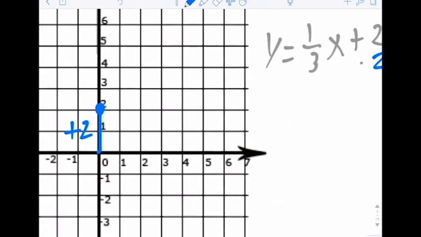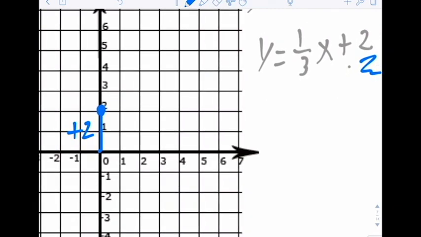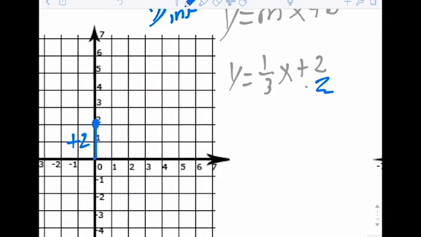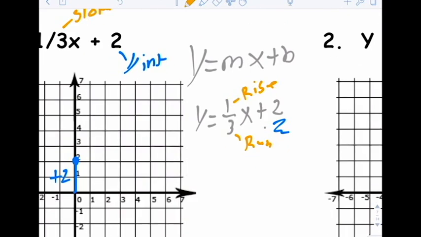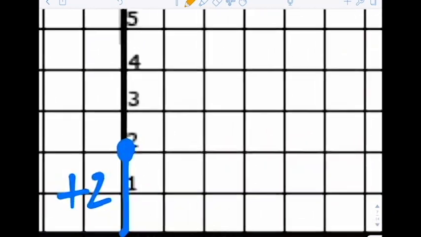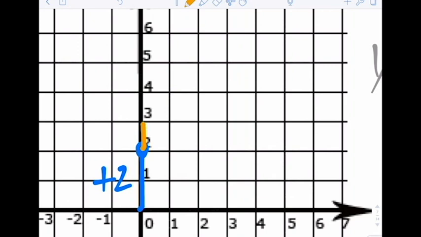Okay. From the y-intercept, use rise over run to add 2 more points to your graph. We have rise over run, and we can use the slope to graph 2 more points. So from the y-intercept, you want to rise 1 and run 3 and make your point.